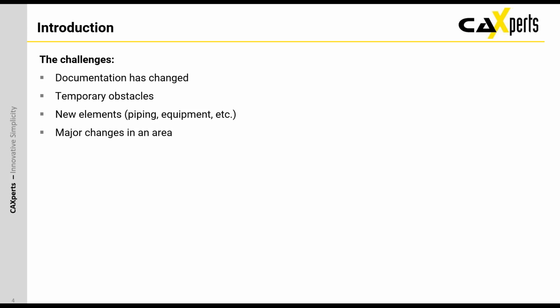New elements added. So very often I experience that in my day-to-day life as a piping engineer on site before I joined CX Experts, that you actually get to the site and you have your documentation on you, you have the PIDs, you have drawings, layout drawings, and suddenly you see some pipelines that actually haven't been there in the plants.